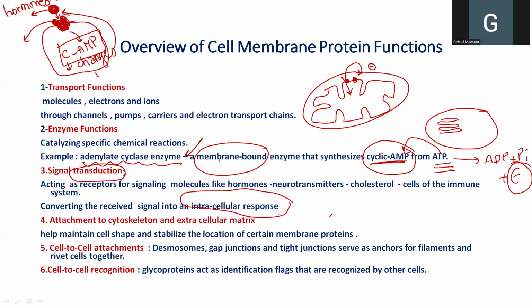But we also have seen that those cell membrane proteins can help attachment to the cytoskeleton. We saw before in the last video that they help attachment to the extracellular matrix.